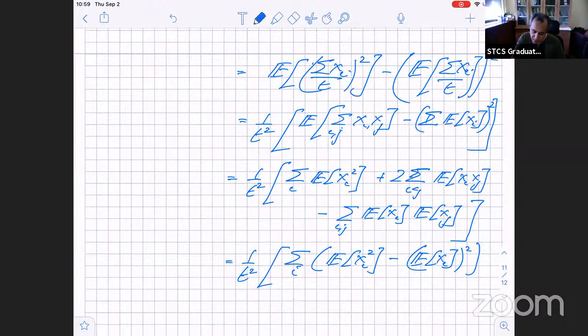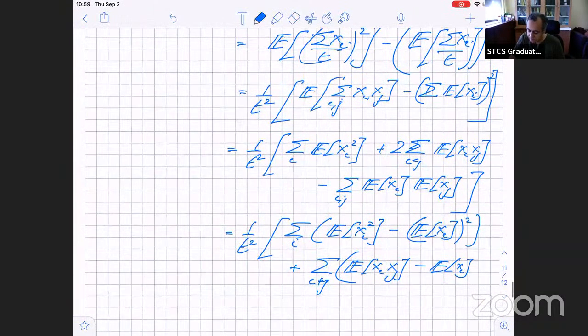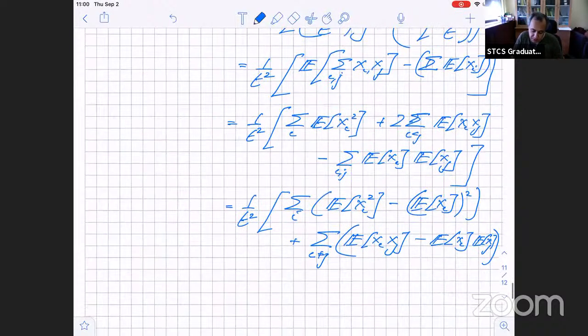Then I have plus the sum over i not equal to j of expectation xi xj minus expectation xi expectation xj.